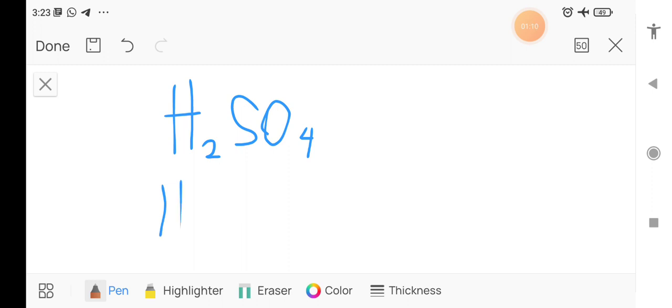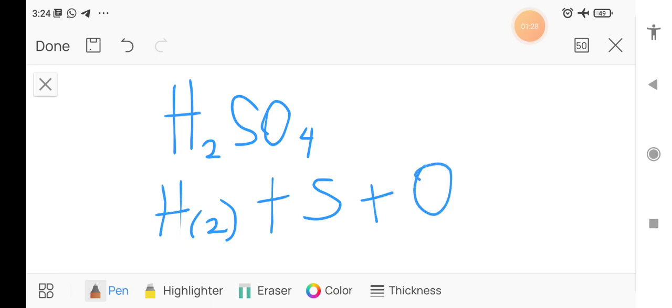So if you sum up the oxidation number of each of the atoms in this molecule, the algebraic sum should give us 0.